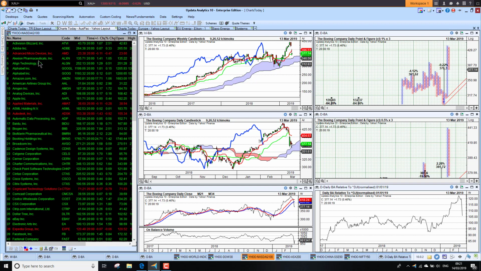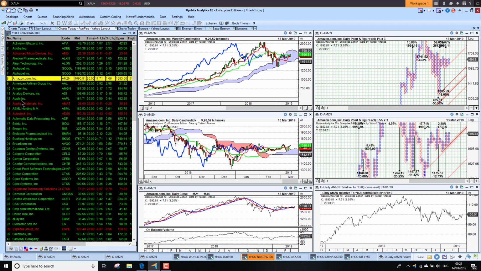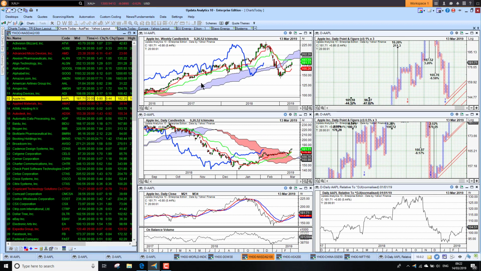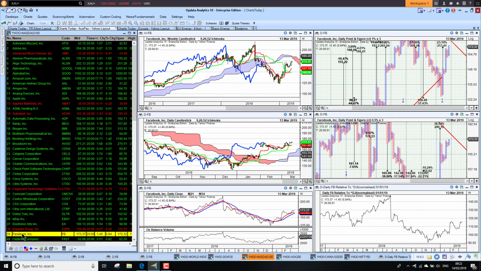Taking a look at the Nasdaq, we've got the bellwethers. Alphabet were up 0.15%, Amazon were up over 1%, and Apple were up 0.4%. So we are just seeing this recovery continue here with Apple. Got a little bit of work to do just to turn medium-term bullish. Facebook, despite having massive problems globally with their website, the shares are actually up 0.84%, so they seem to shrug that off.